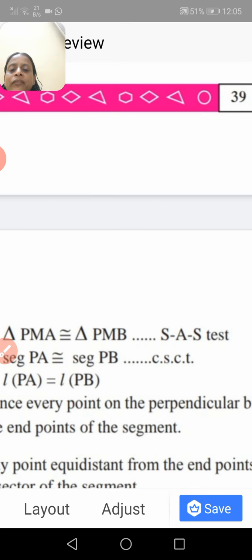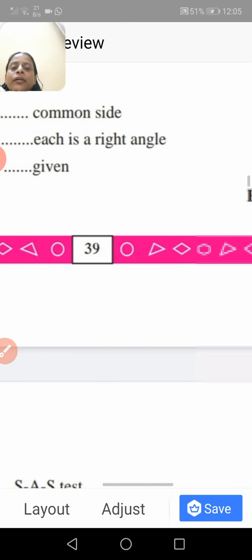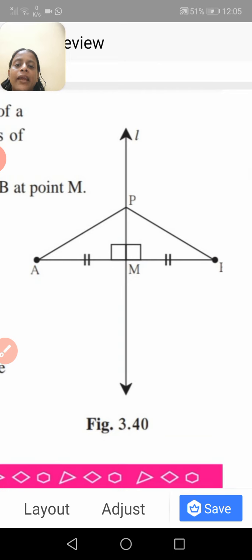Using the concept we can take PA equal to PB. PA equal to PB means the point P is at an equal distance from A and B, and A and B are the endpoints of the line segment. Thus our theorem is proved that any point on the perpendicular bisector of a line segment is equidistant from the endpoints of the line segment.